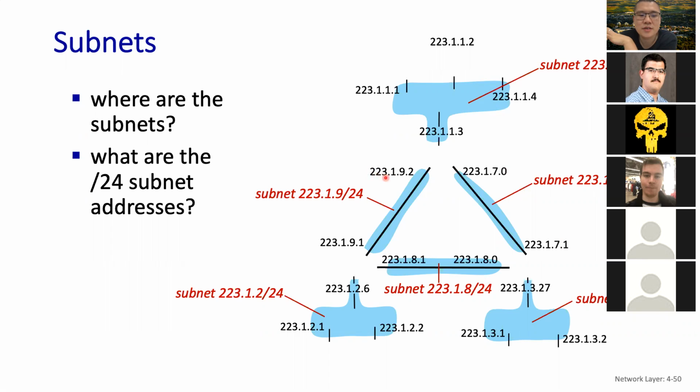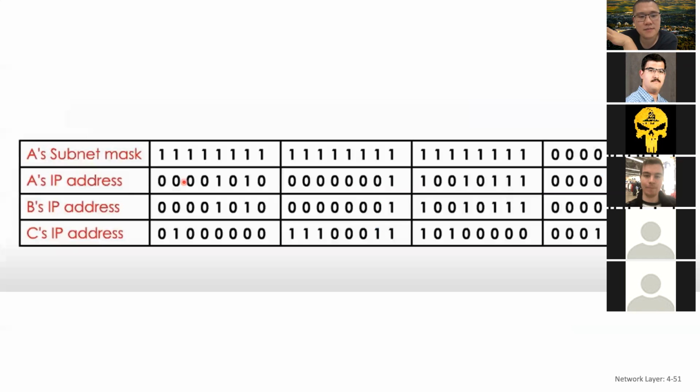They can be 223.1, 224.1, 225.1, or maybe even totally different, if we don't introduce hierarchical addressing for the different subnets. For now, you just assume that the first 24 bits are different, as in this slide. You can see B and C are totally different, even for the first 8 bits.